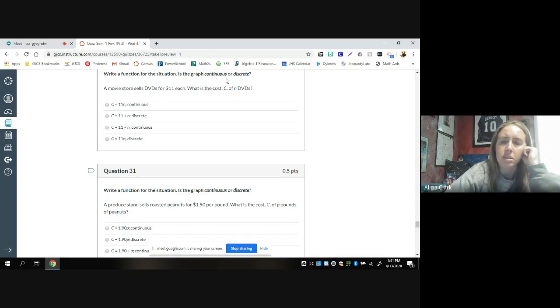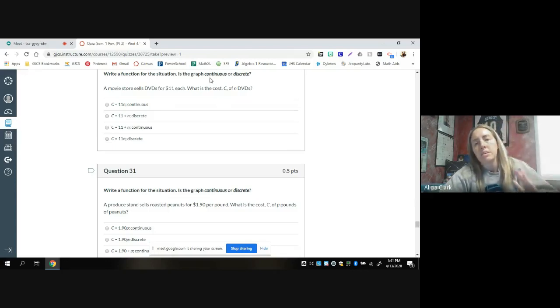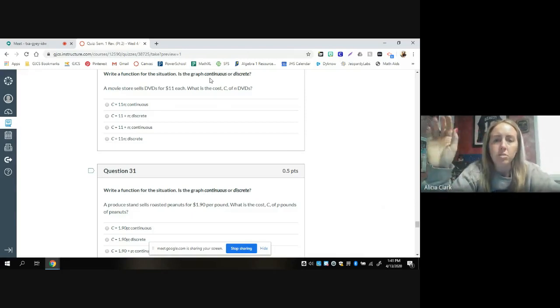Talking a little bit about writing a function or writing a rule for this. Remember when we talked about continuous or discrete? We've actually had questions like this before. Continuous means that I could graph this and it would be going up and there would be no gaps in between. Discrete would be just a set number of points. They wouldn't be able to connect those. So for example, if I'm talking about a movie store selling DVDs, I can only buy 1 DVD or 2 DVDs or 3 DVDs.